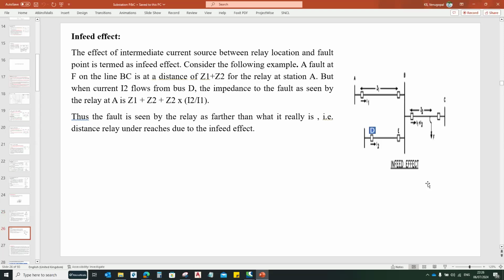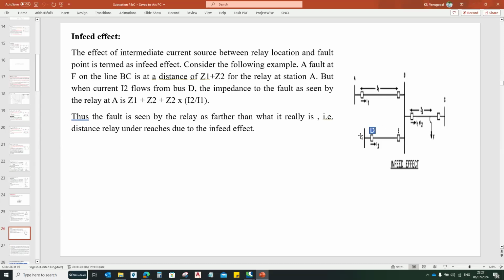The second one is the in-feed effect. The effect of an intermediate current source between the relay location and the fault point is termed the in-feed effect. Consider the following example: a fault at F on the BC line, at a distance of Z1 plus Z2 for the relay at station A. But when current I2 flows from D, the impedance of the fault seen by the relay at A is equal to Z1 plus Z2 plus Z2 into I2 by I1.